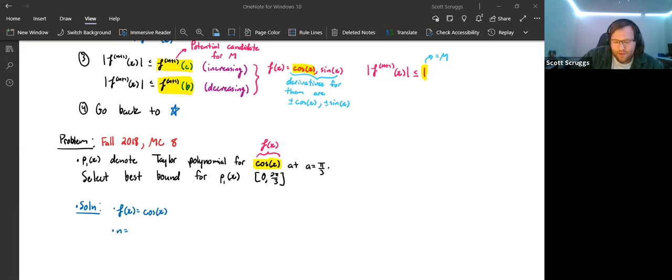For n, even though we were not explicitly told what n was, we were already told that we're taking the first order Taylor polynomial to approximate cosine. And so because of that, that tells us that n is 1.